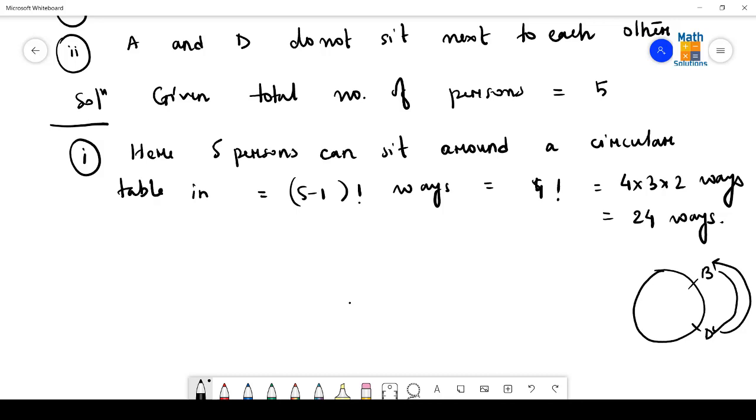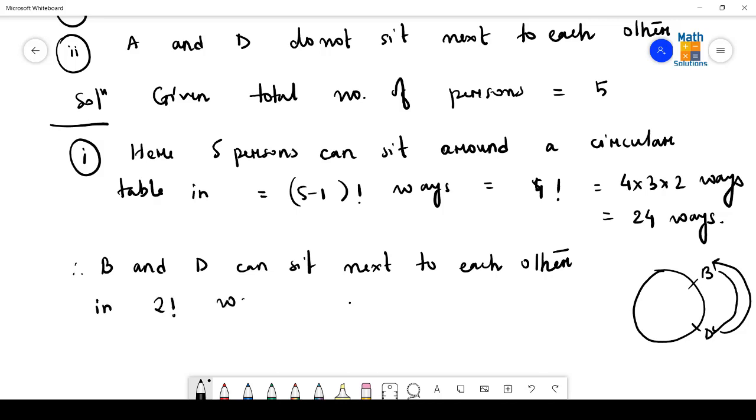So B and D can sit next to each other in 2 factorial ways.